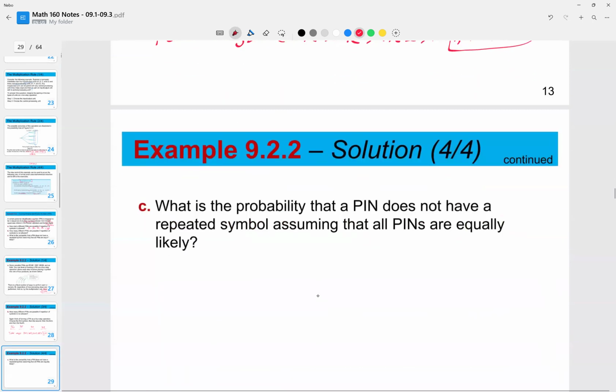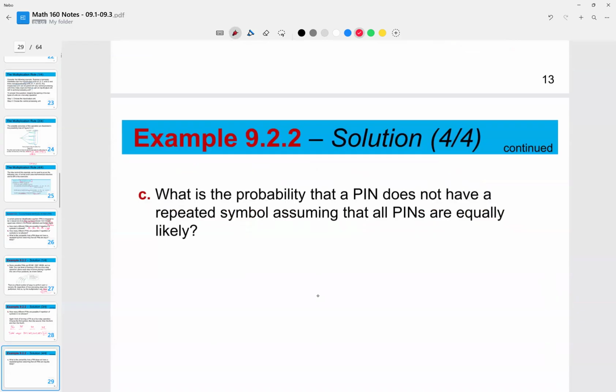Now, part C is what's the probability that a pin does not have a repeated symbol? Let's say E is no repeated symbol, and S obviously would be all pins.